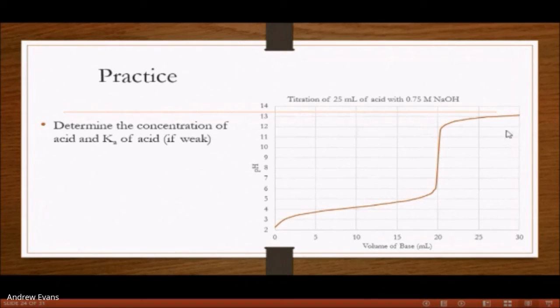I don't have the volume of base, but we look at where the equivalence point happens. It happens at about 20 mLs, about the jump where we see it. So the volume of base is 20 mLs.